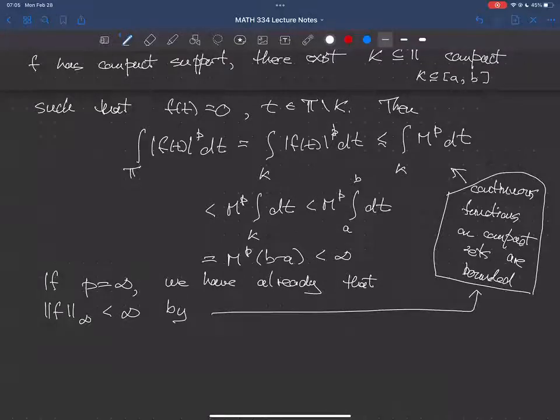All right, so the p norms are defined. Okay, that's good.